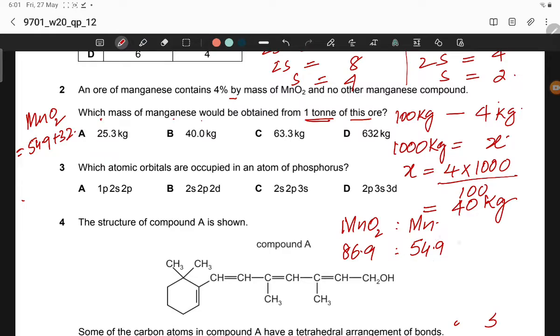So what would be the mass of manganese if 40 kg, cross multiply? x is equal to 54.9 into 40 divided by 86.9.